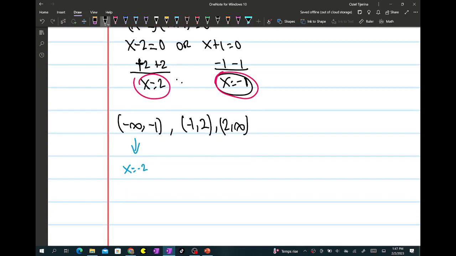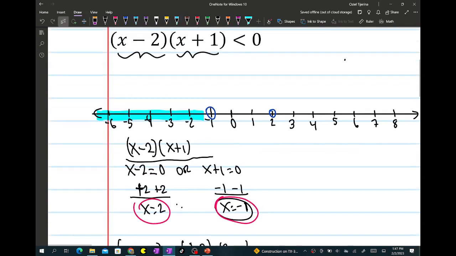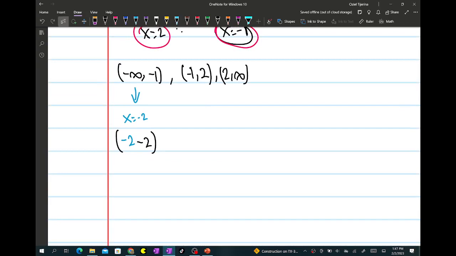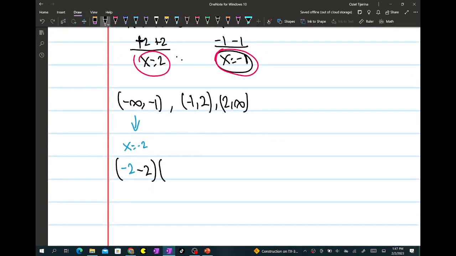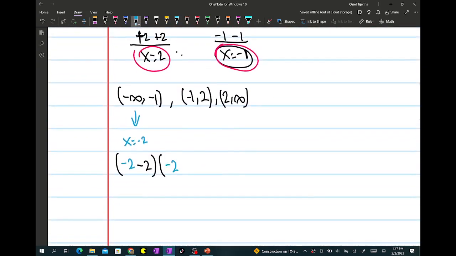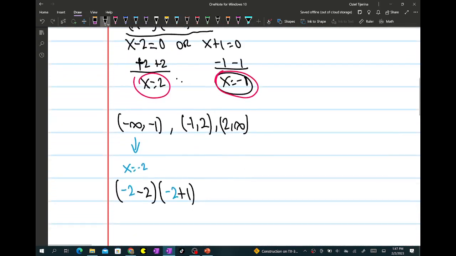I'm basically plugging that x value into this inequality and seeing if it satisfies it. So I have negative 2 minus 2 times negative 2 plus 1, so negative 2 plus 1. And then I'm going to see, is this less than 0, right?